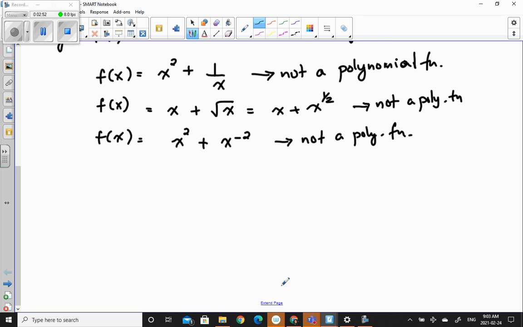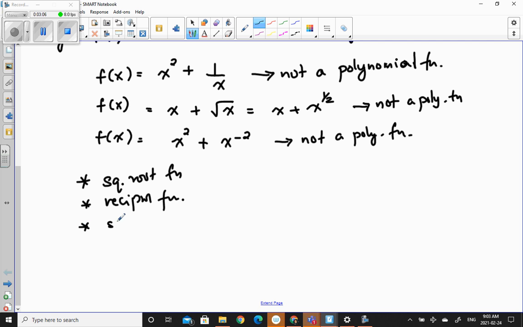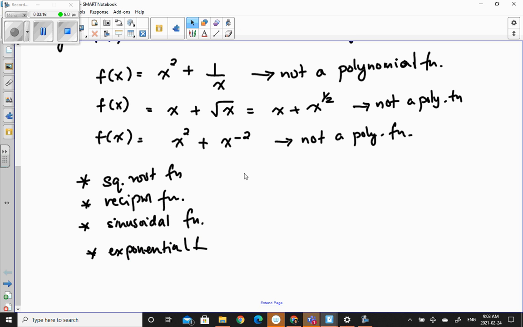There are other functions also that are not polynomial functions, like the square root function, the reciprocal function, the sinusoidal function, and the exponential function. They are all examples of functions that are not polynomial functions.